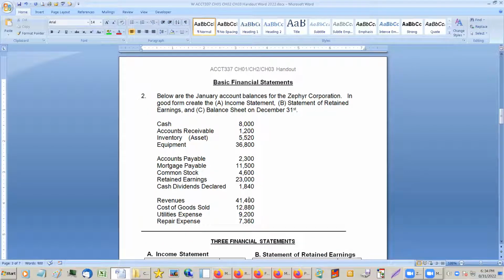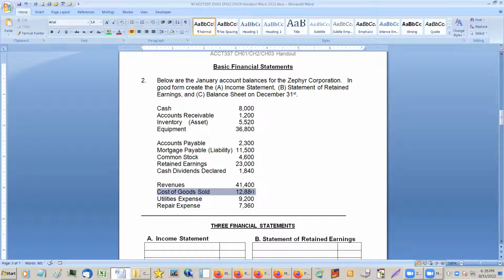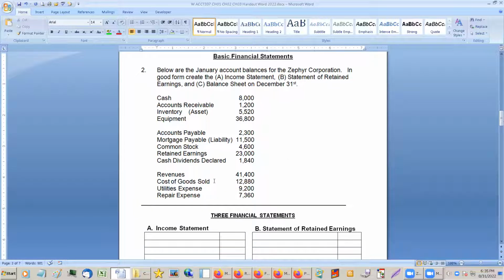Liability? Yep. Yeah, all payables are going to be liabilities. And cost of goods sold goes with the expenses, sort of like an expense.